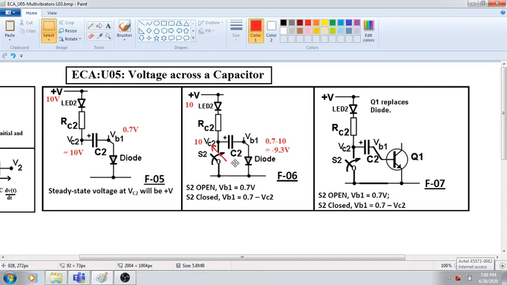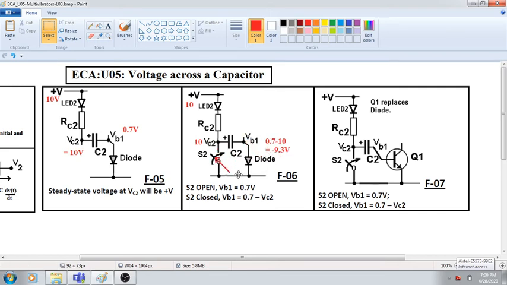So now when we are connecting this switch here, don't worry why we are connecting the switch. First remember what is happening across the capacitor. Try to understand the phenomenon. Then you will easily understand why we brought the switch there. Now when this switch is open, what is the voltage here? 10 volts. What is the voltage on the other side? 0.7 volts.